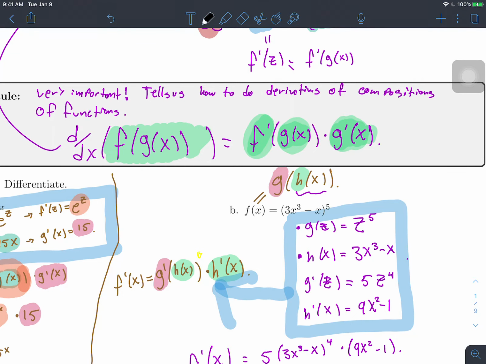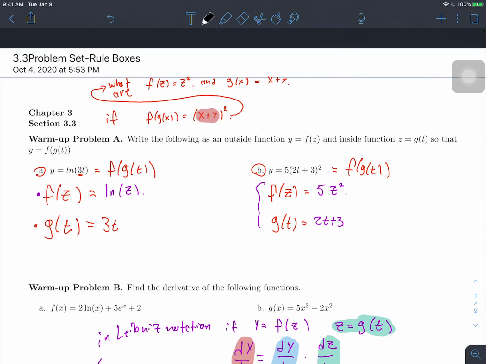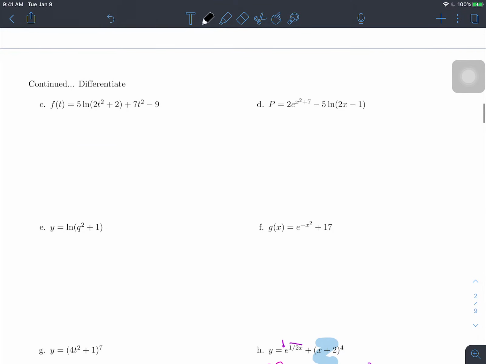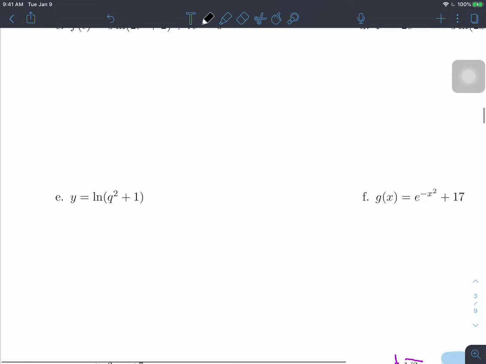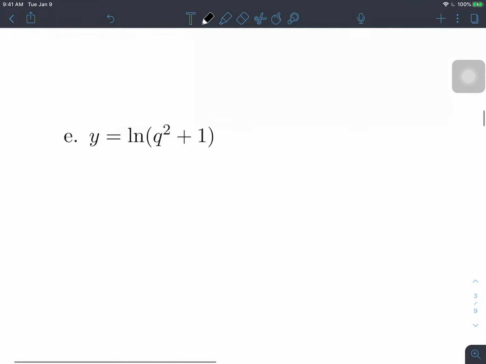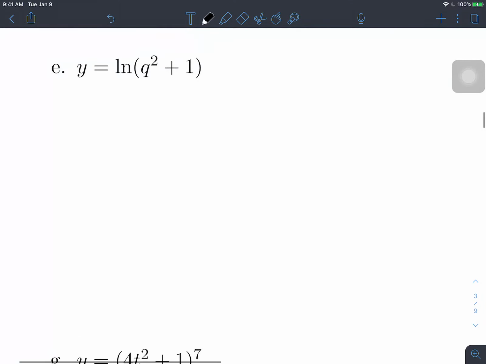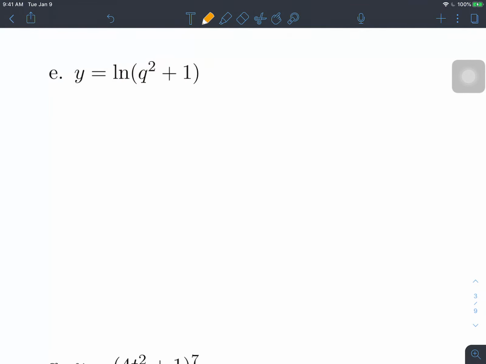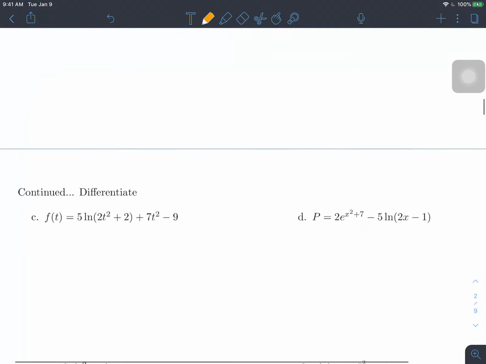So let's do a quick warm-up. Let's try ln of q squared plus 1. Okay, so we'll do this the long way first, and then I'll show you the kind of short way. The long way is to go through all three of the steps that we talked about last time.